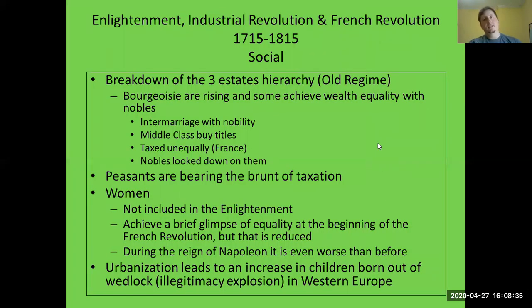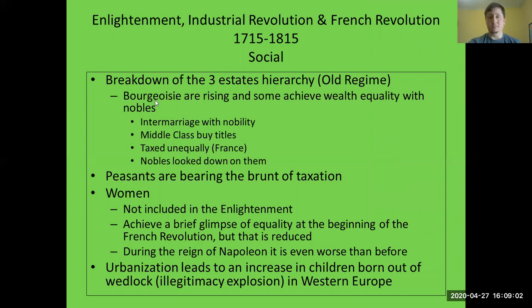So as far as social history goes, we still got the old regime, but we're going to transition during this time period out of the old regime, out of the ancien regime, and into the new class system. You can see the absolute breakdown of the three estates, as illustrated by the French Revolution, and a lot of this is caused by ideas of the Enlightenment.